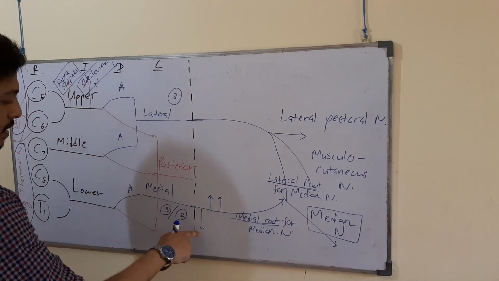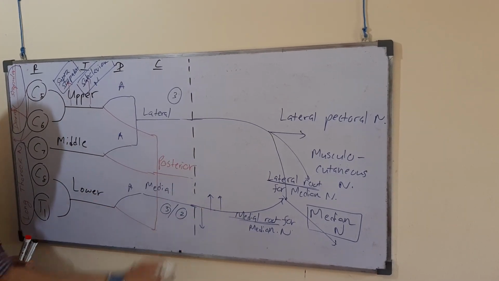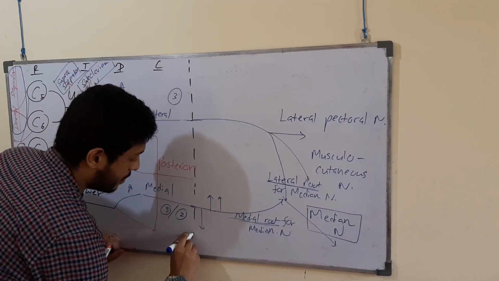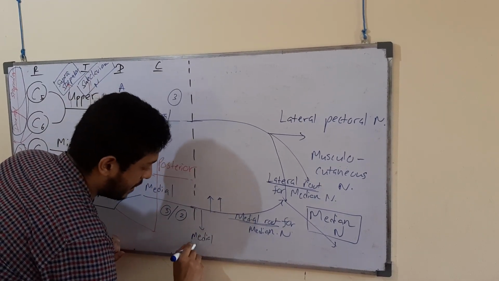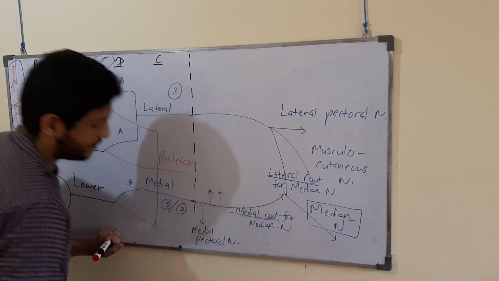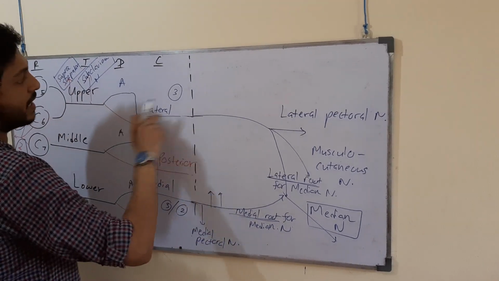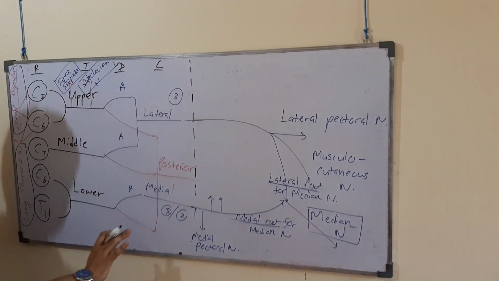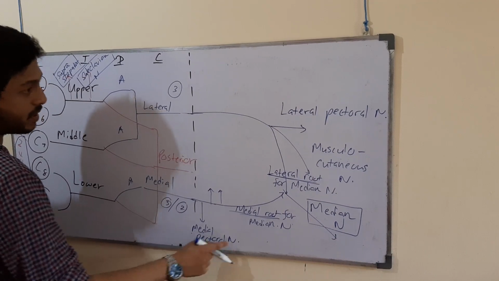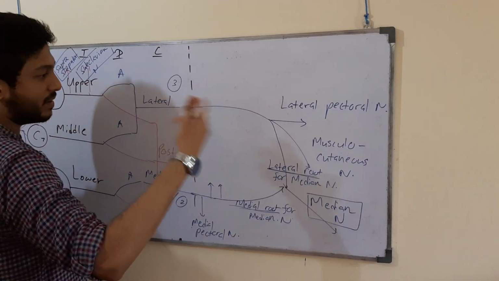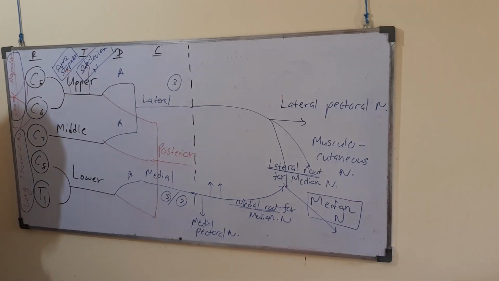So the first branch of the medial cord is known as the medial pectoral nerve. Now, as we saw, the lateral cord also gives a branch known as lateral pectoral nerve. Now, the medial cord usually gives a branch known as a medial pectoral nerve. So, both these nerves, just for your information, supply or innervate the pectoral muscles of the body, right?